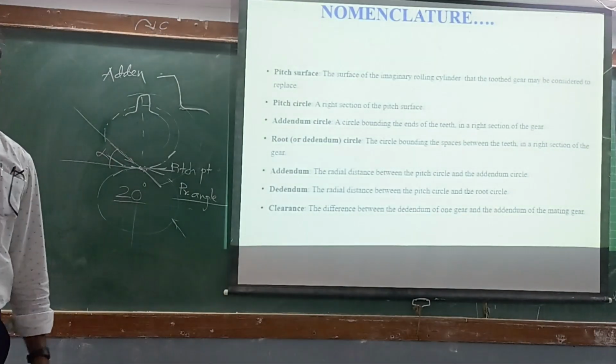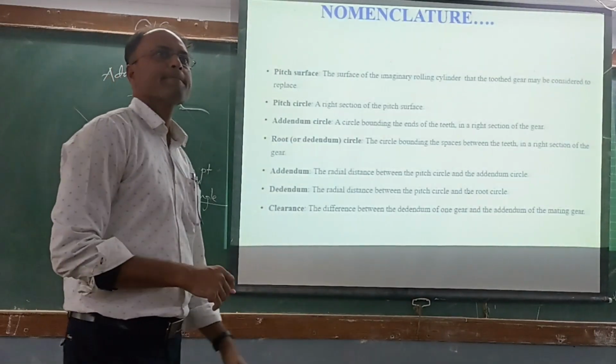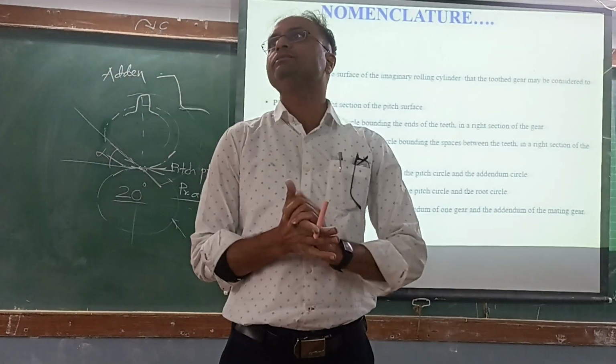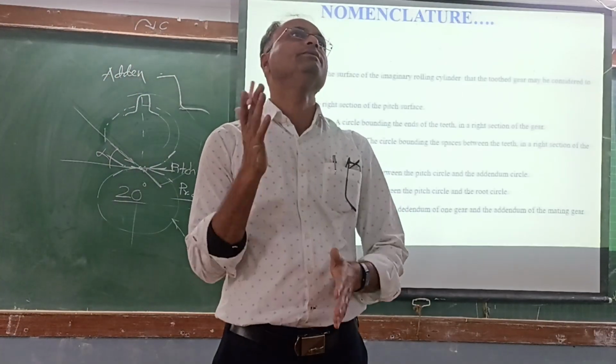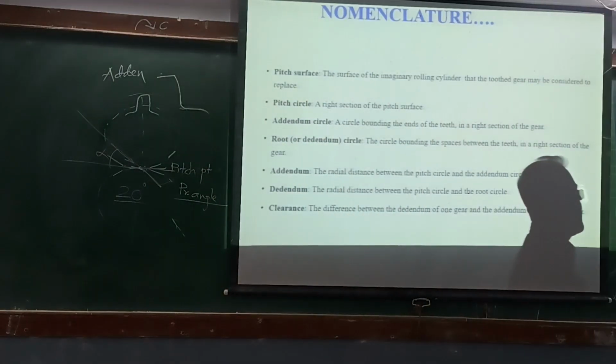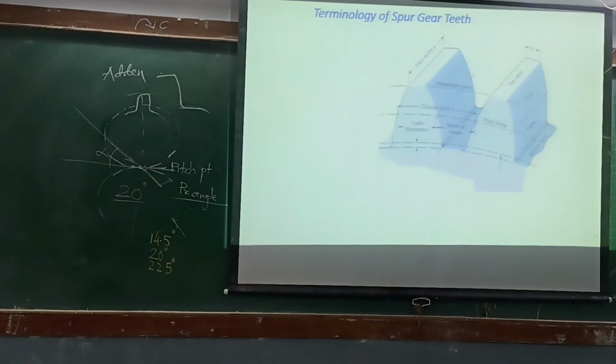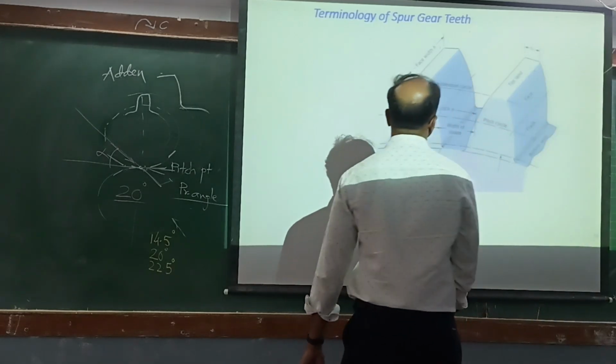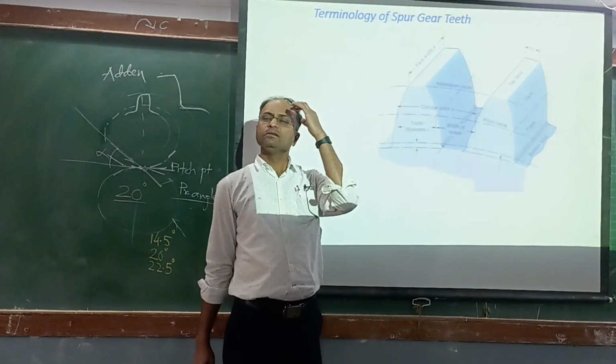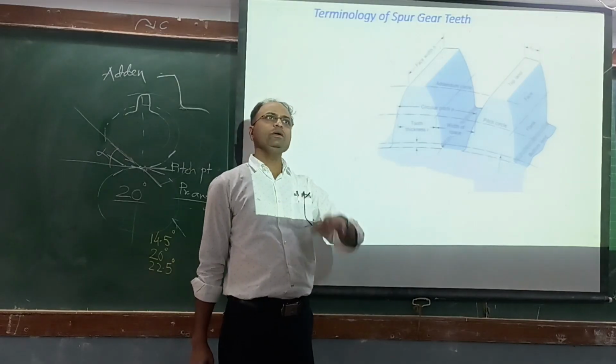First of all, first definition, addendum. It is the radial distance between addendum circle and pitch circle.